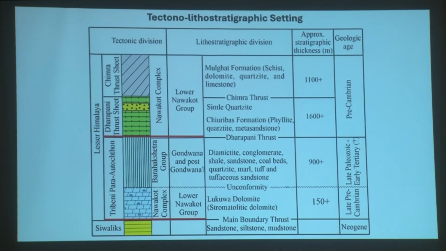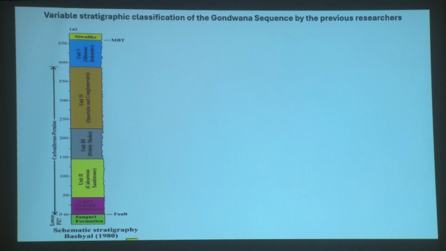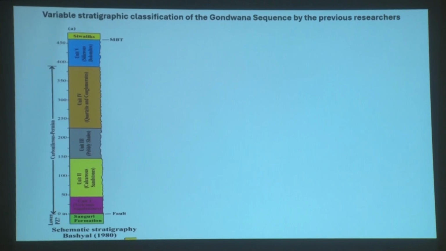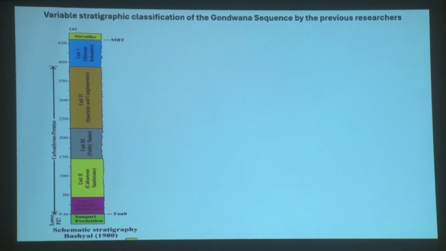In the north, the Nawakot group rocks are overlain by thrust sheets, and the whole group is placed within the Tribeni Taratum group. Previously, several researchers have conducted excellent research to establish the stratigraphy of this sequence. Still there is some controversy on the stratigraphic setting of the Gondwana sequence.